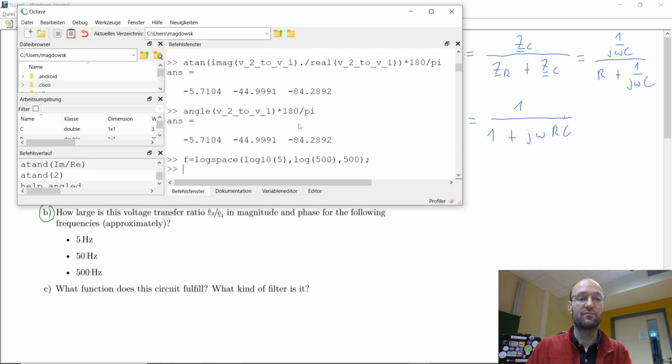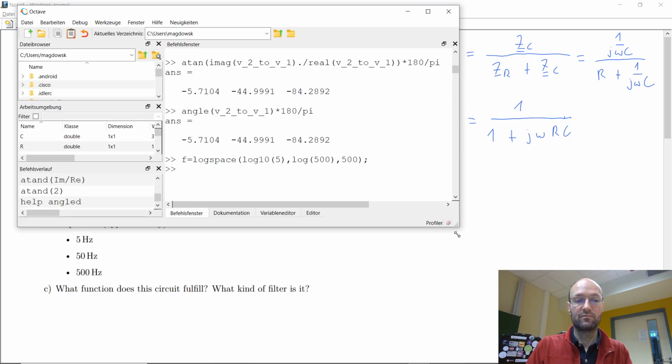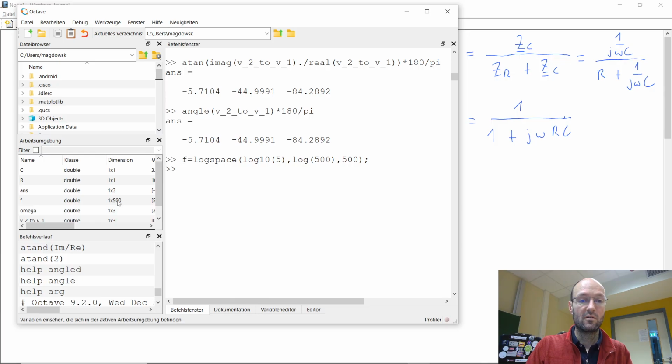So now we have 500 values for the frequency, and now we can just repeat the calculation that we did before.